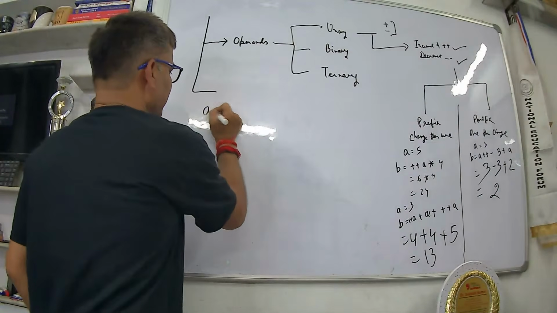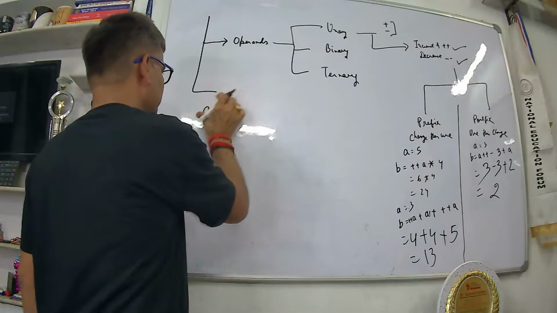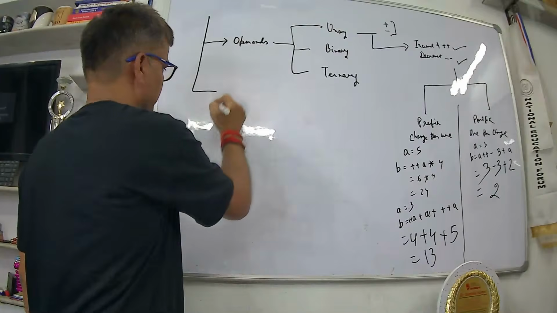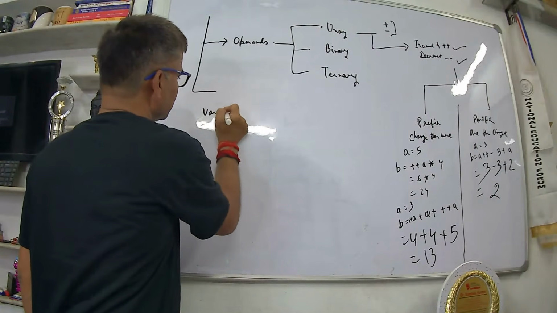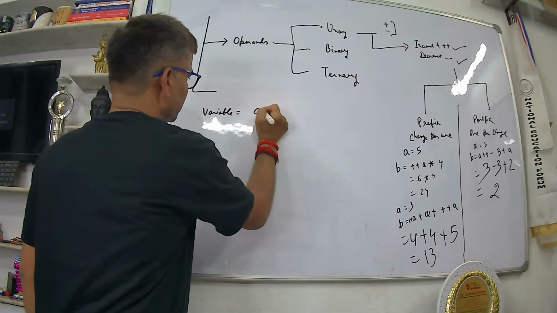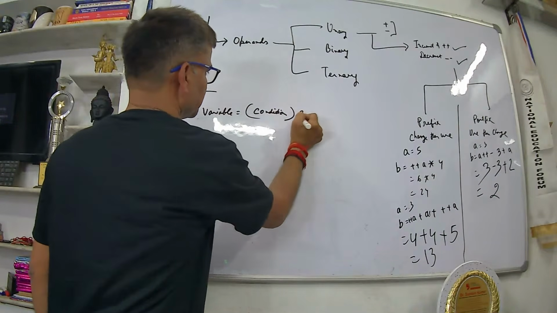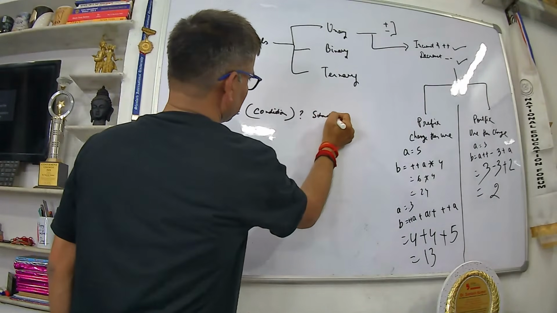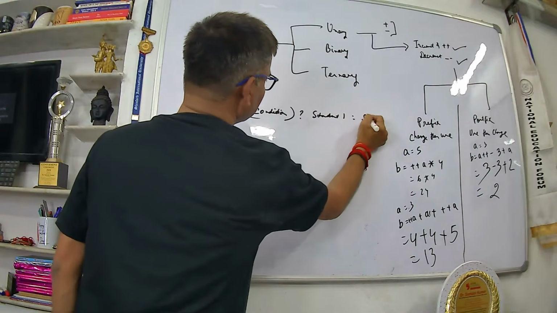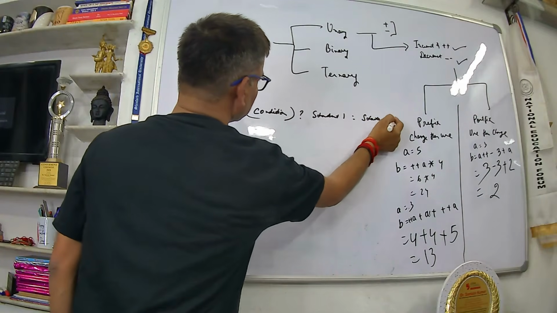Now, the ternary operator, as I told, is a conditional operator. How is it used? Variable is equal to condition, question mark, statement 1, colon, statement 2.